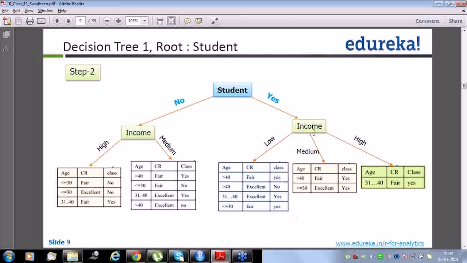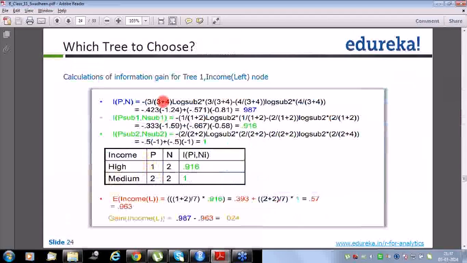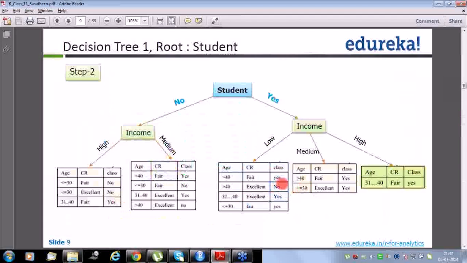Total how many? 1, 2, 3, 4, 5, 6, 7. Total 7 dependent variables we have in this arena, right? So total 3 plus 4, 7. Out of that, 1, 2, 3, 4, 5, 6.